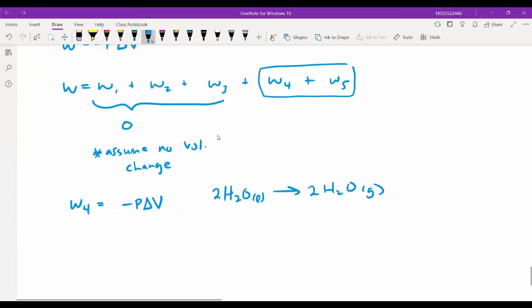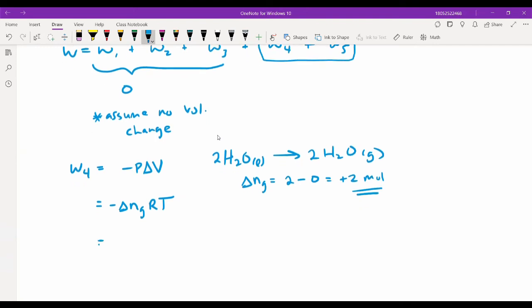So if you recall, we can also use this equation based on the ideal gas law, negative delta n gas RT, and the change in the moles of gas would be 2 moles of gas minus 0 because we have liquid, so we have a plus 2 mole change, right? So this would be a much easier way to figure out the work, is just find the moles of gas. Since it's a phase change from liquid to gas, we can look at the process and then easily figure that out.